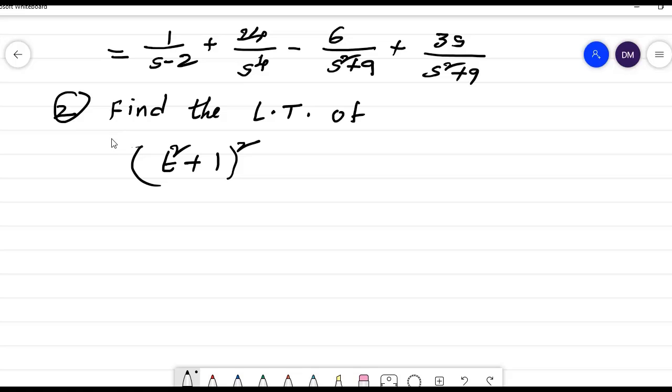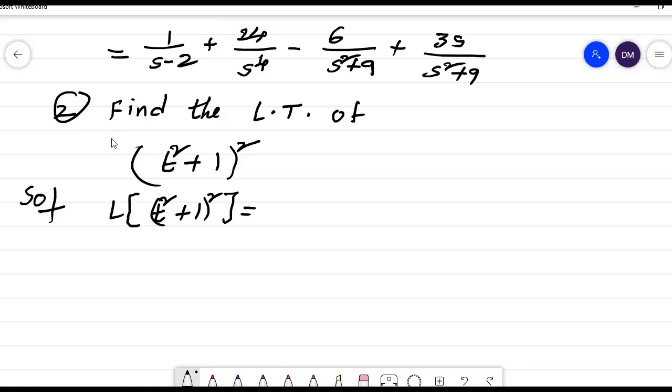So we have to find the Laplace transform of t square plus 1 whole square. Now what is the solution of this one?